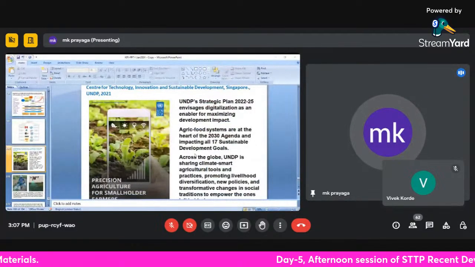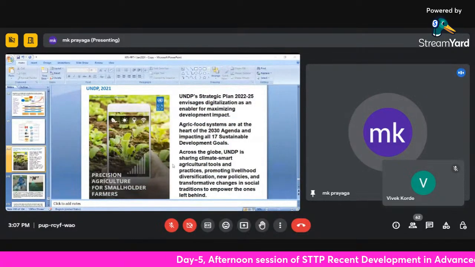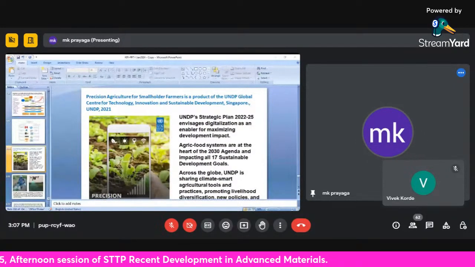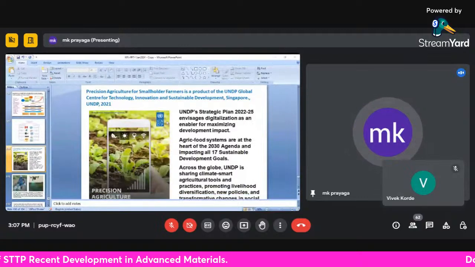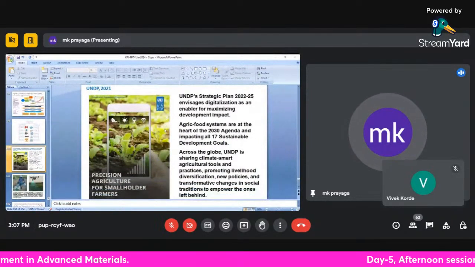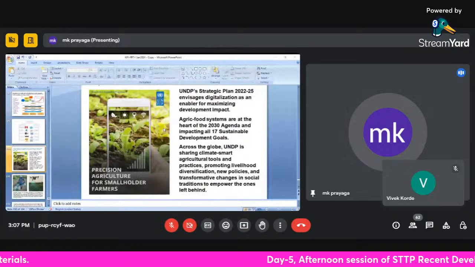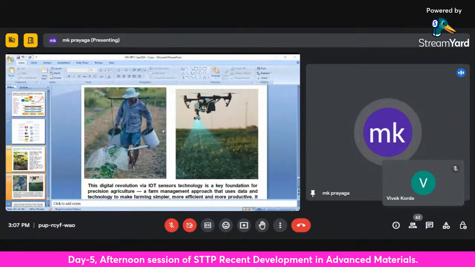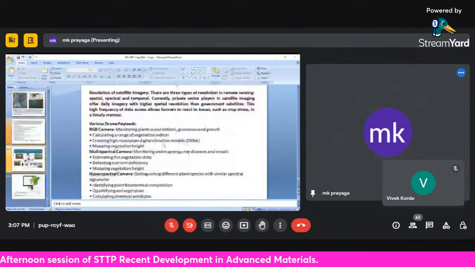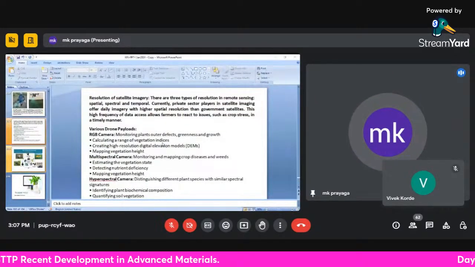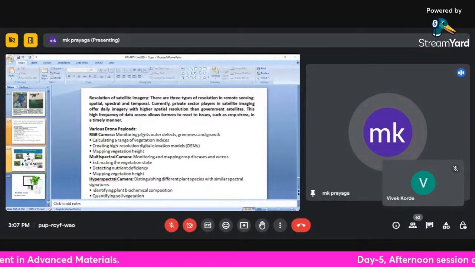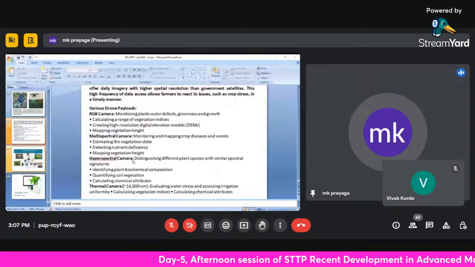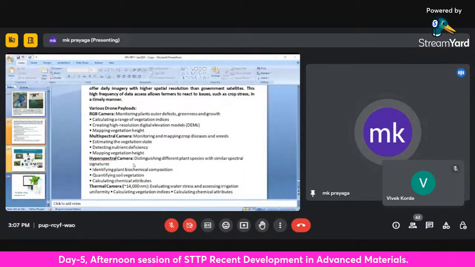In future, sensor technology will be combined with IoT techniques. This is one of the documents from UNDP, which is located in Singapore. They collect all the farmers' data, IoT technology is connected there, and the farmers will be advised. This is where materials play a very crucial role, for camera drone technologies as well as thermal cameras or hyperspectral cameras.